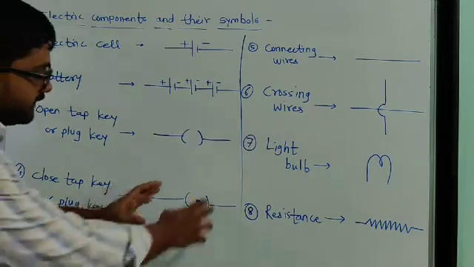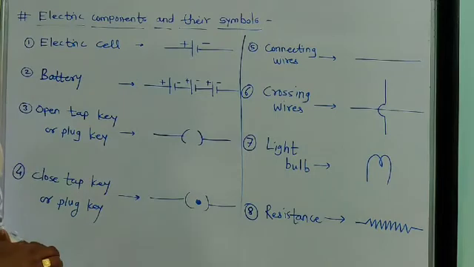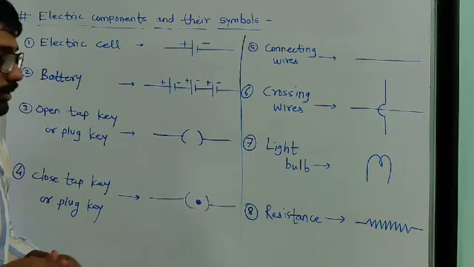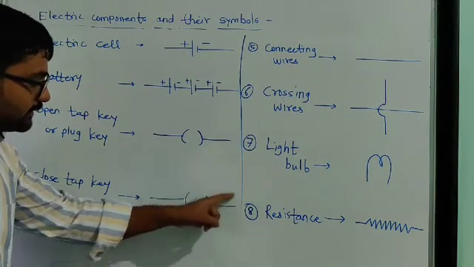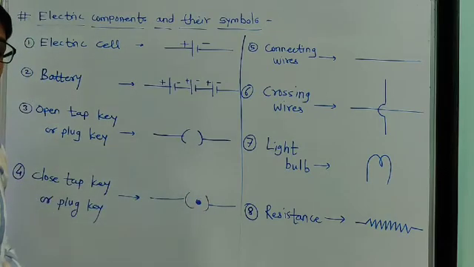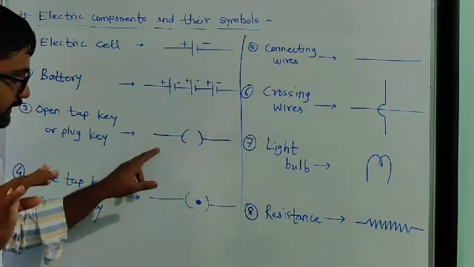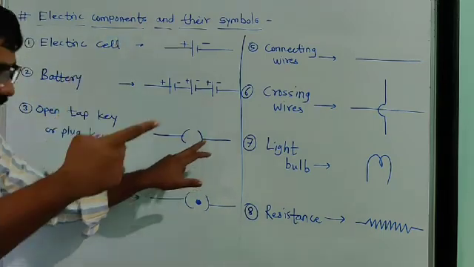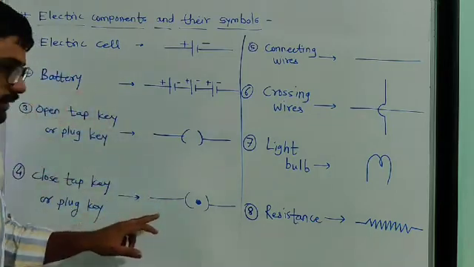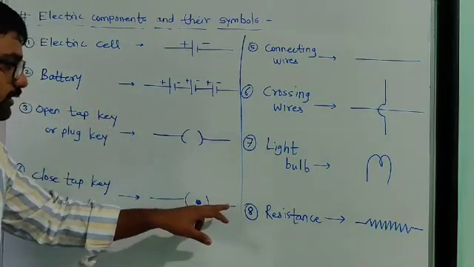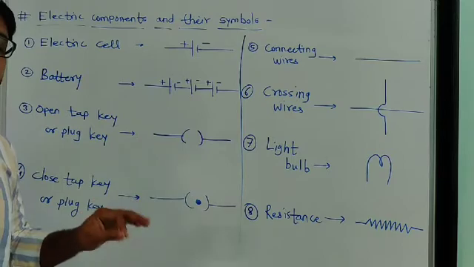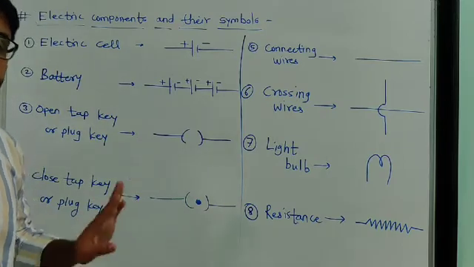If you compare this symbol with the buttons present on our electric board, then this diagram indicates an on button. This indicates the off button, this indicates the on button, meaning it denotes that electric current is flowing through the circuit.